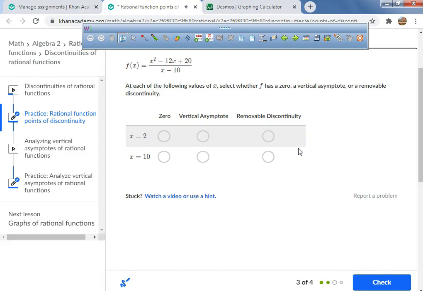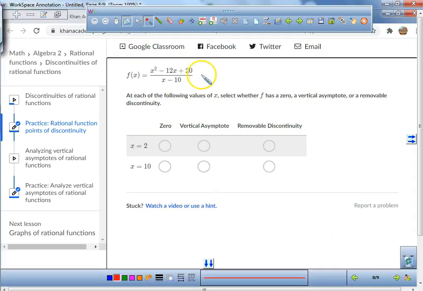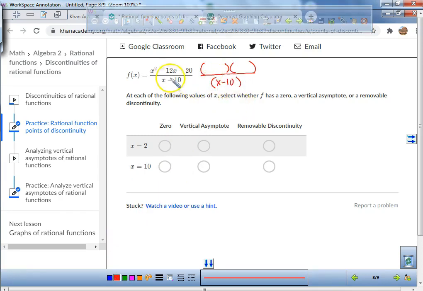Okay, let's do one more. This one won't take long. Okay, we're going to factor the numerator. So we're looking for two numbers that multiply together to equal +20, but those same two numbers add together to equal -12.